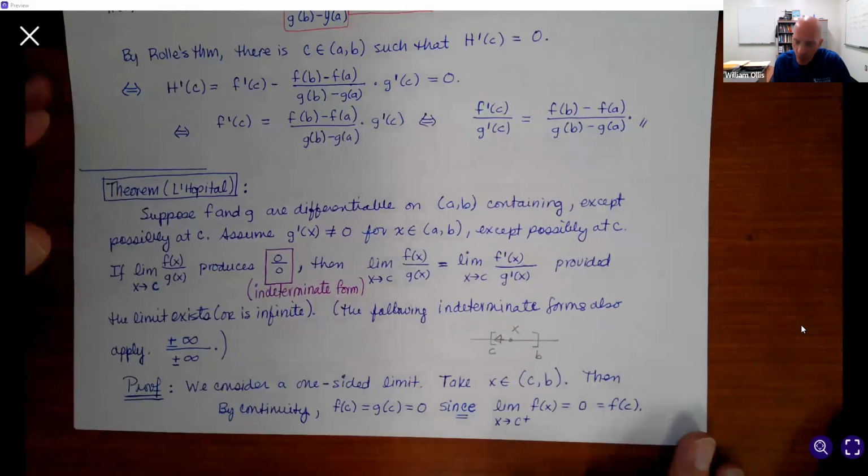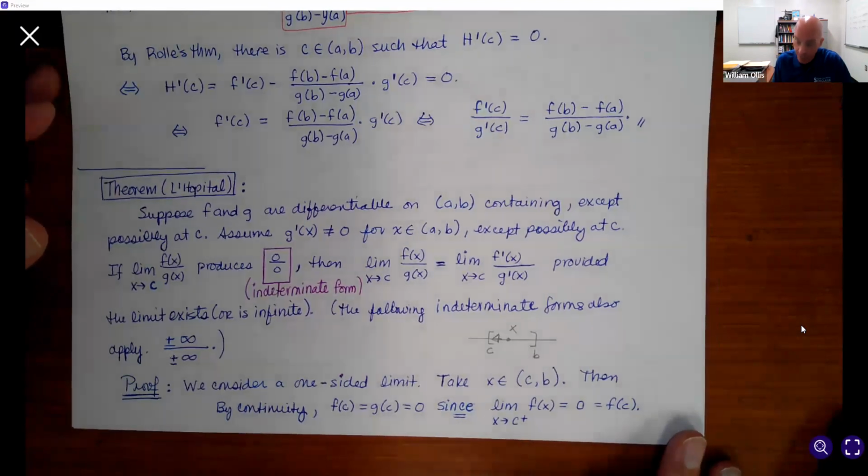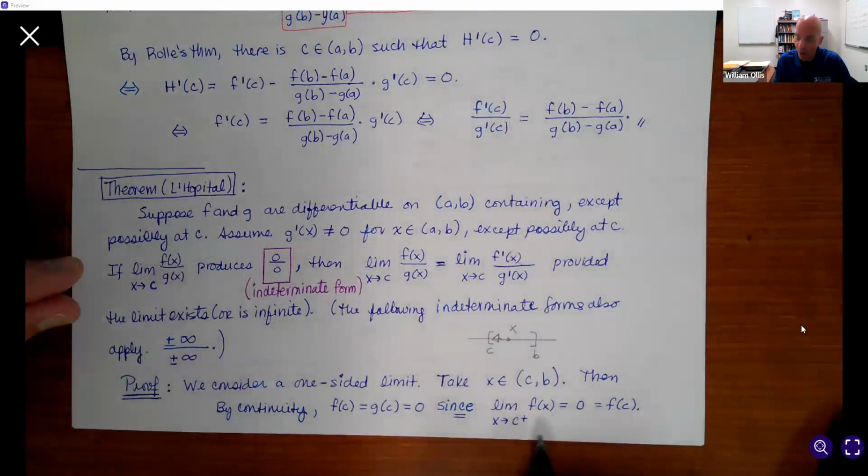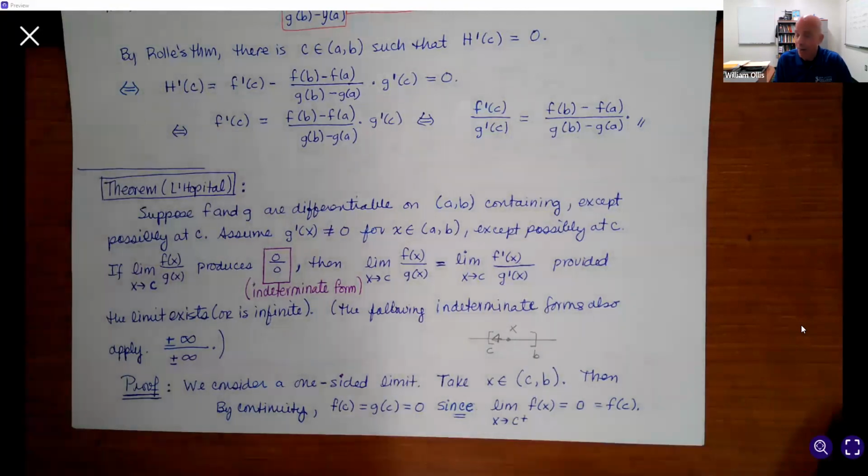Now, what I want to suggest here is that if we were working with unbounded functions with vertical asymptotes, we would actually consider this problem from the right or the left.